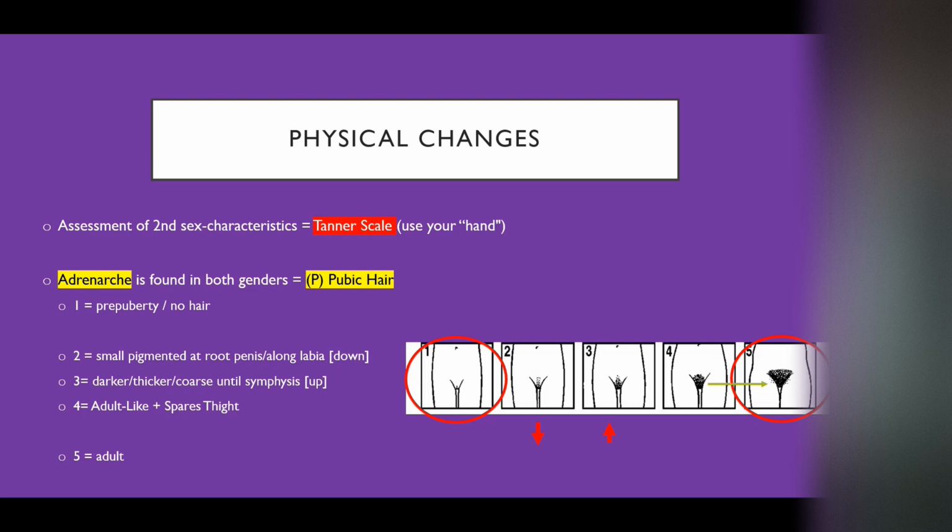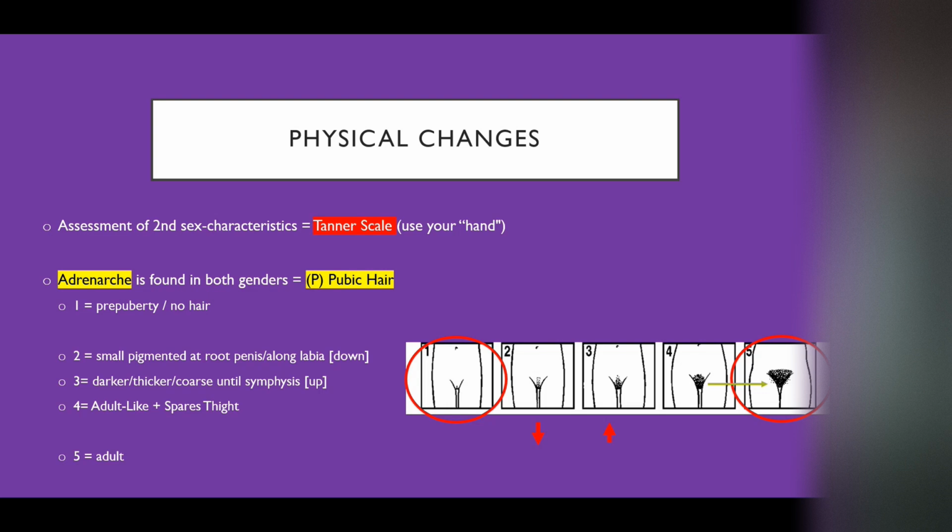We know that number 3, it means we have some dark hair until symphysis. So that's up. And then we have number 2, which is, okay, it's beginning to become pigmented at the root of the penis or at the root of labia. So that's down. Okay, down and up. Up, pubic symphysis, down, root of penis or root of labia.